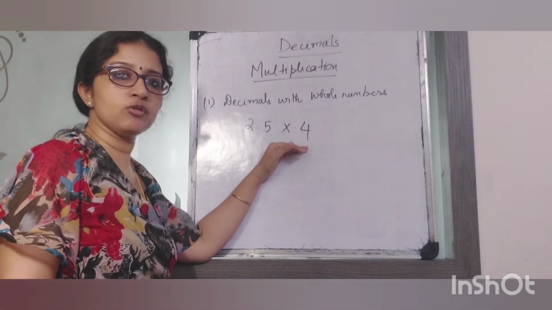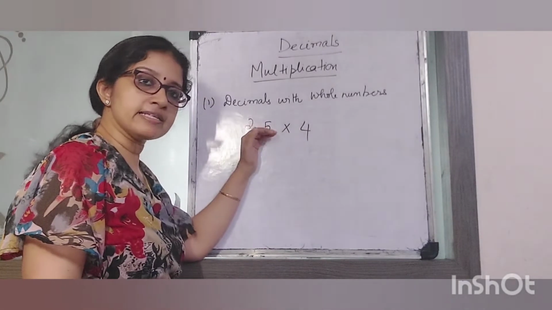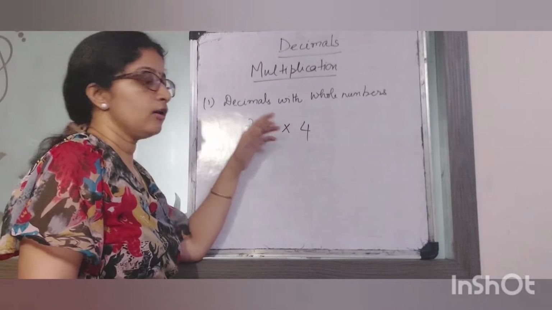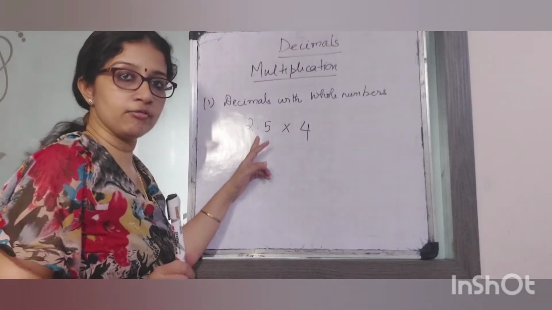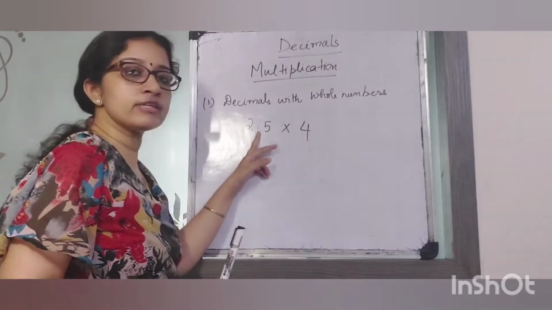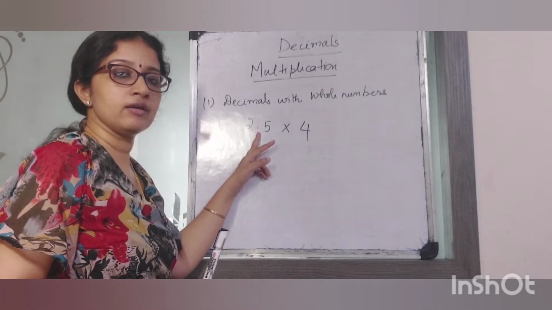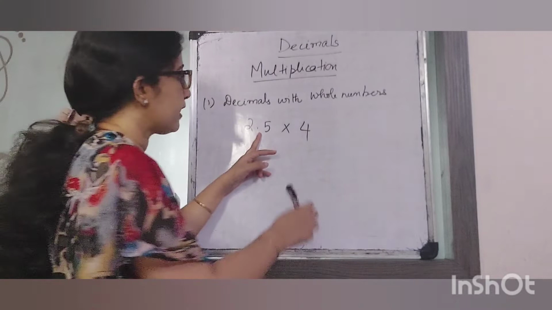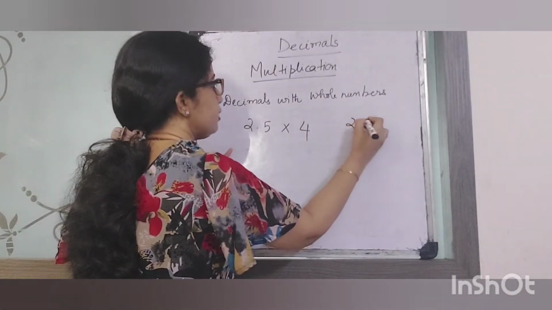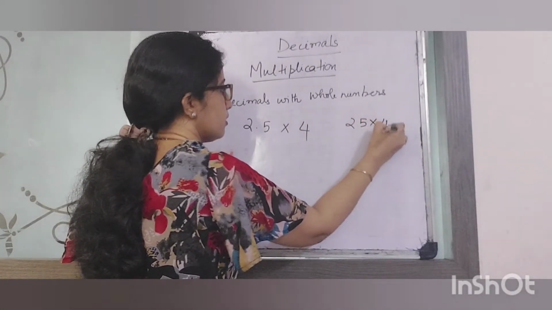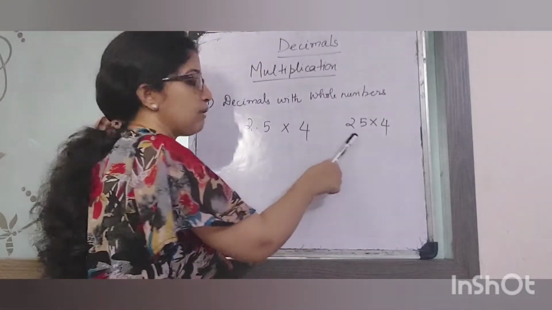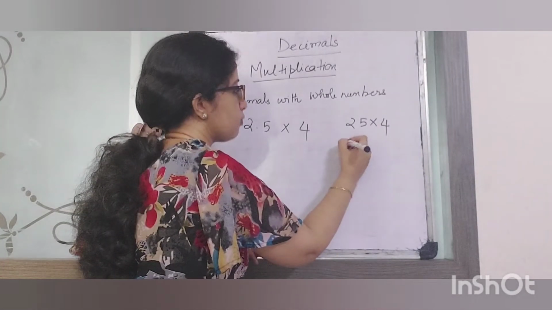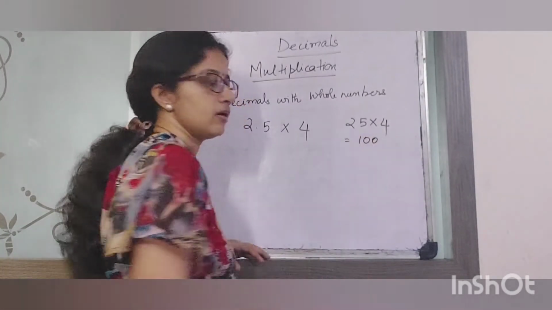So what should we do? For multiplying a decimal with a whole number, the first step is to ignore this decimal point. Okay, first of all ignore this decimal point. So what will we get? 25 into 4. Okay, what is 25 into 4? 25 into 4 is 100.